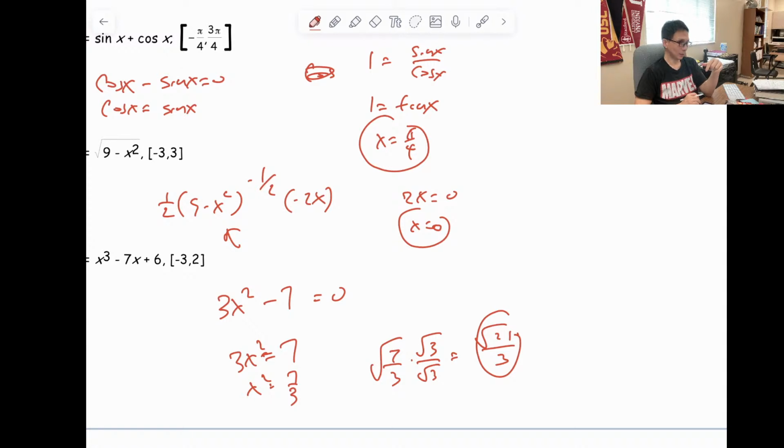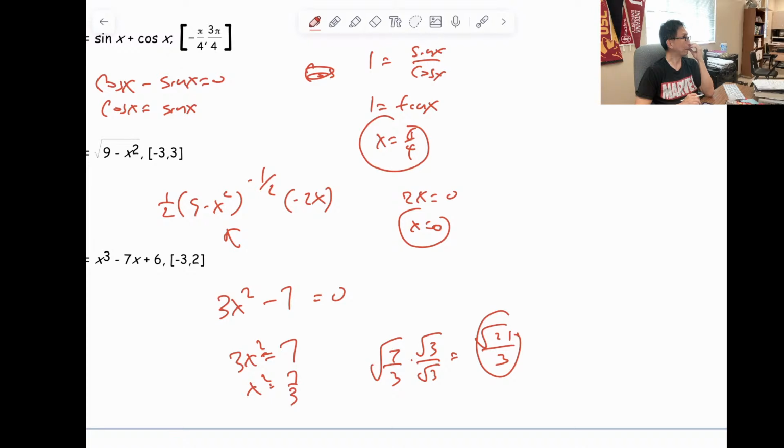However, even if it's an endpoint, you should not include the endpoint because that's what Rolle's theorem says. We don't set the denominator equal to 0 because that means f prime of x is undefined rather than 0. Numerator equal to 0 means the function is equal to 0. Bottom equal to 0 means the function is undefined rather than 0.